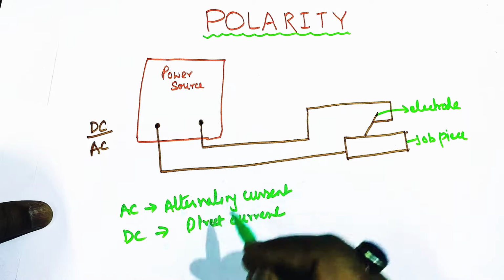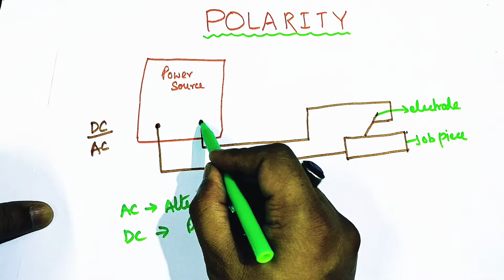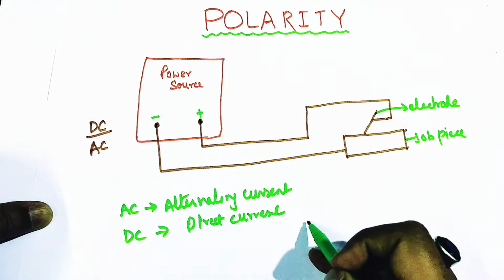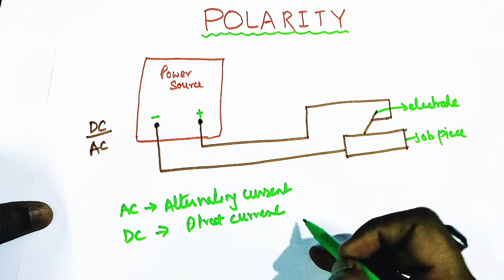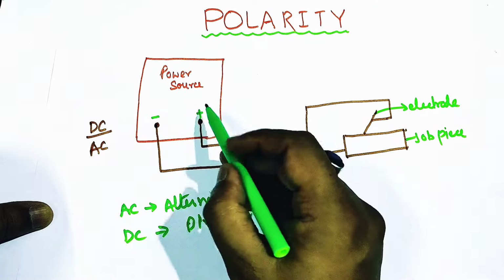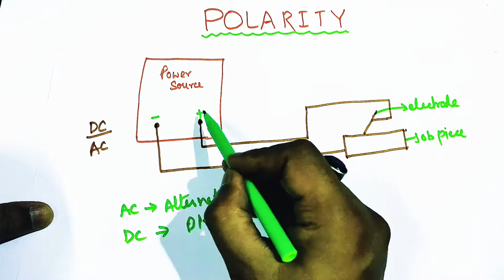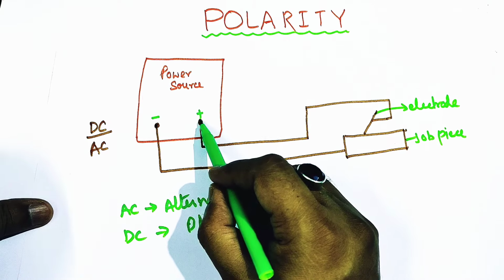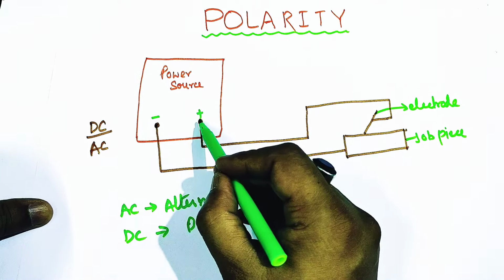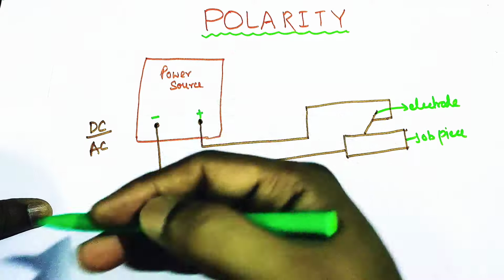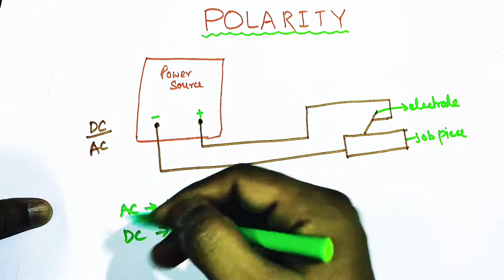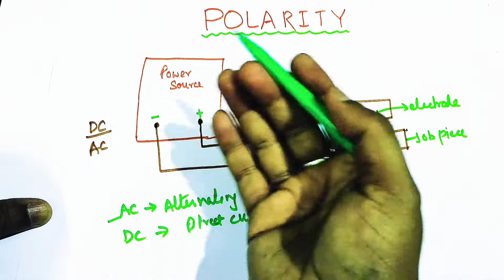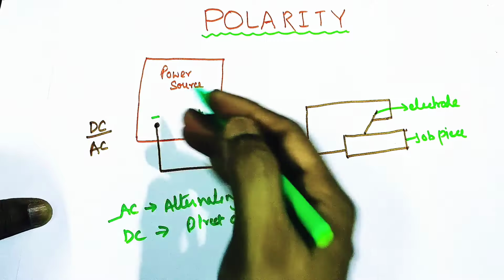If the output is DC, then one terminal acts as positive terminal and the other terminal will act as negative terminal always. And if it is AC, then this positive and negative get interchanged within fraction of seconds. Means one terminal will act as positive, within a fraction of a second the same terminal will act as negative, and it will constantly remain changing. Hence during AC it doesn't matter whether it is positive or negative, because this positive and negative always get interchanged.